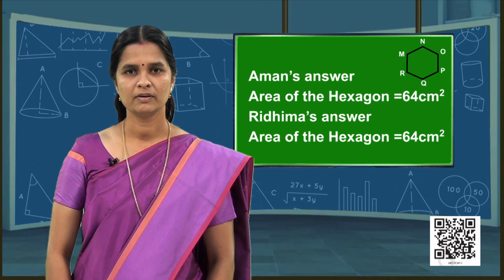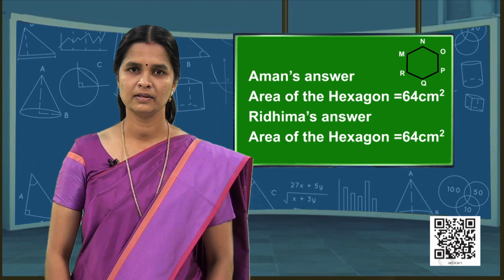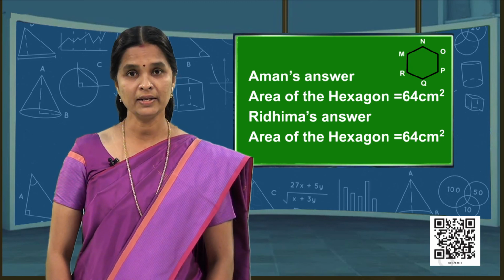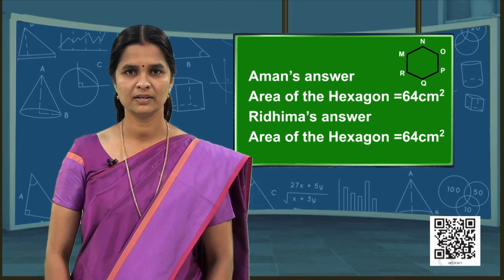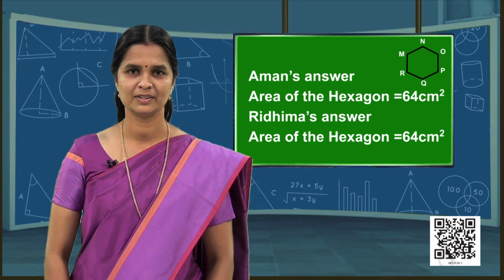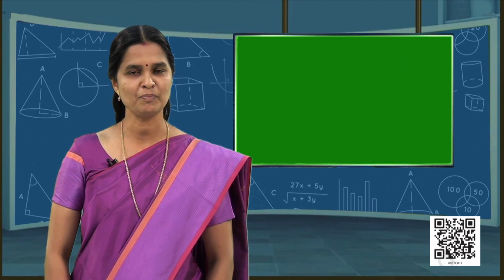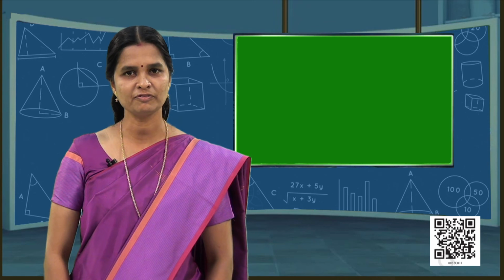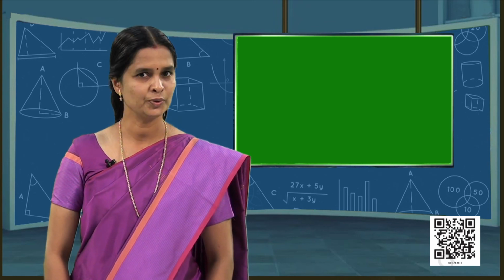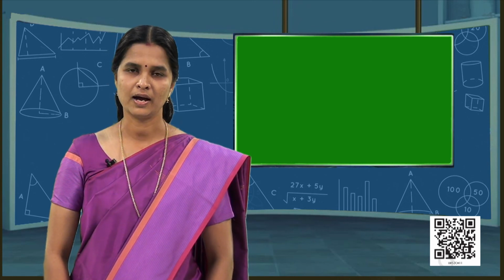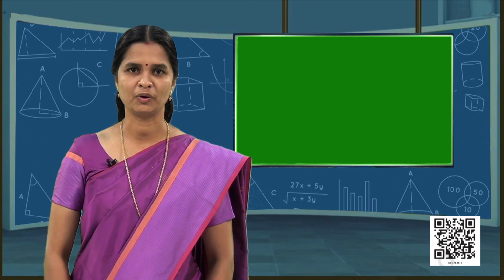Here we can see that even though Aman and Ridhima had used different methods, they have got the same answer. So, you can also divide the given polygon into any of the shapes of which you know the formula and find the total area of the given polygon.